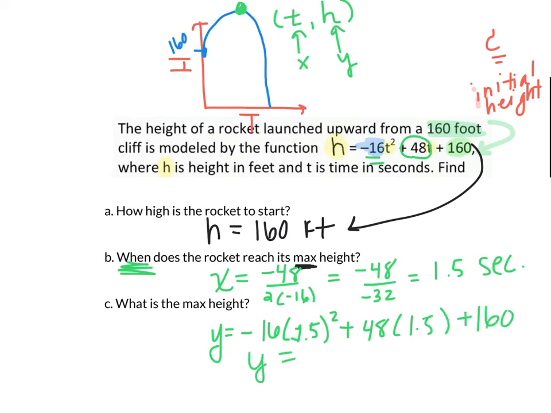And if we plug that in our calculator, we get that the height is going to be 208, and this is measured in feet, so 208 feet. So this highest point is at 208 after 1.5 seconds. So that's how you answer these word problems having to do with vertical motion. The initial height is always c, and then the maximum height has to do with the h and k value of the vertex.